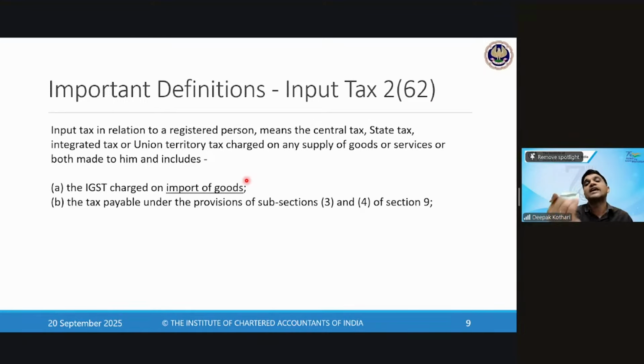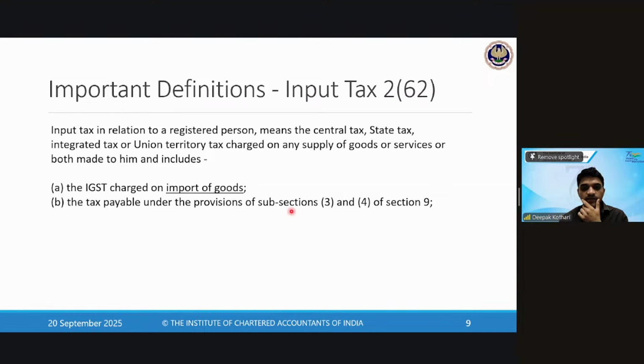The tax payable under 9(3) or 9(4). What is this 9(3) or 9(4)? Right, Golti. Other than place of supply, everything is there under the CGST Act. You're right.